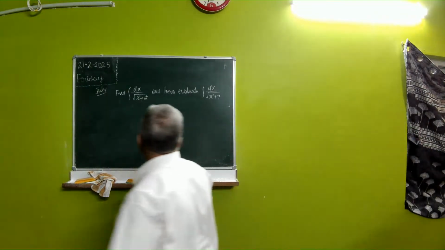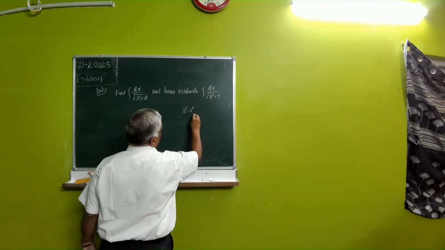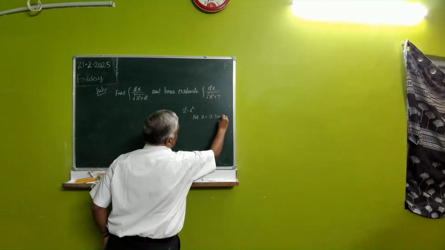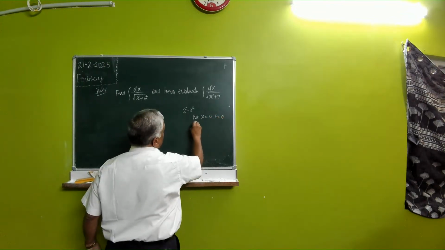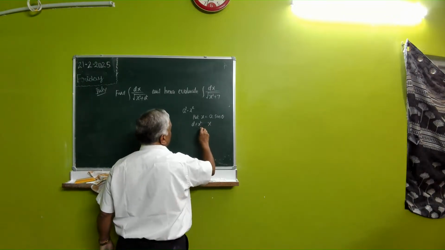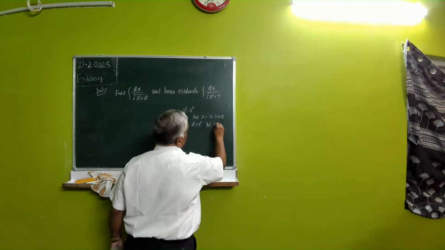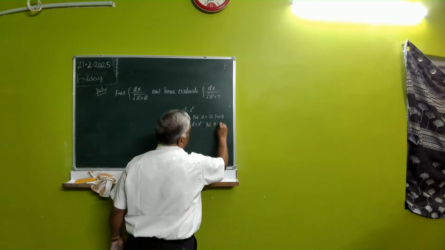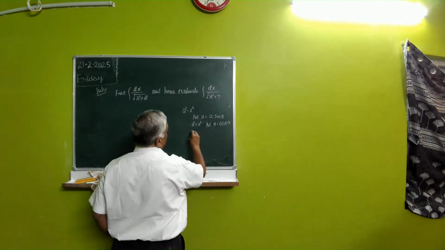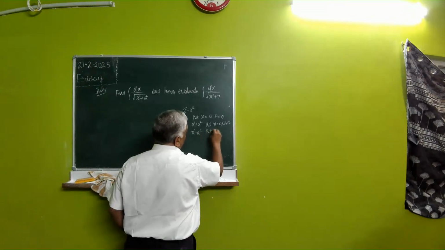See, whenever you have got a square minus x square, put x is equal to a sin theta. If you have got a square plus x square, put x is equal to a tan theta. These are all methods suggested. If you have got x square minus a square, put x is equal to a secant theta.